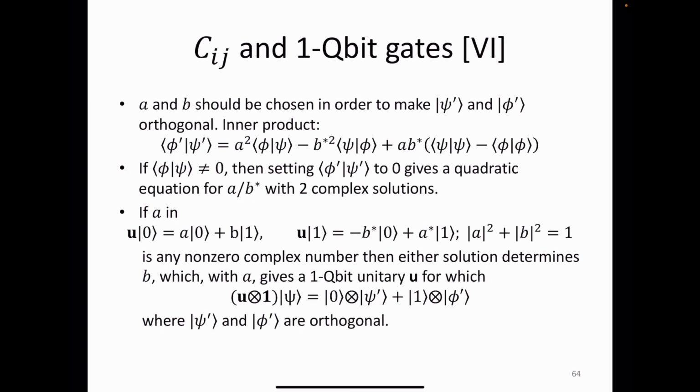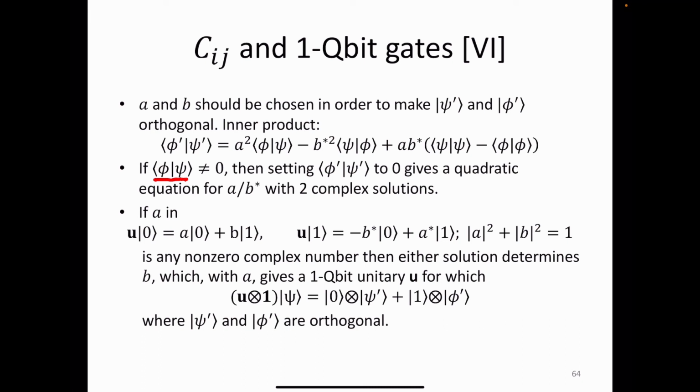Okay, A and B should be chosen in order to make psi prime and phi prime orthogonal to each other. And here we can check the inner product, and if we see that these states, phi and psi, don't give us 0, then setting the inner product of phi prime and psi prime to 0 gives a quadratic equation for A over B star with two complex solutions.